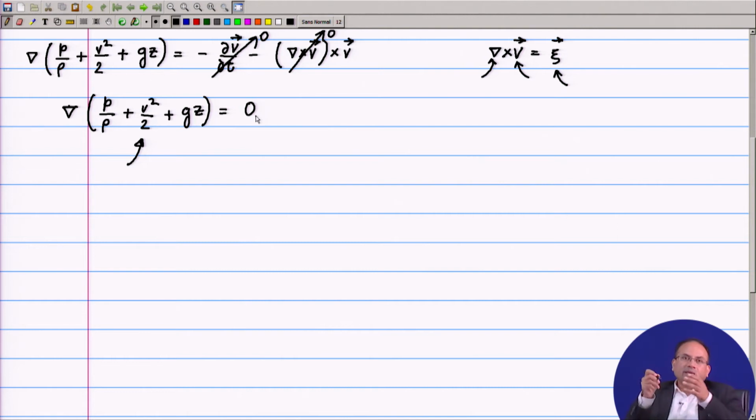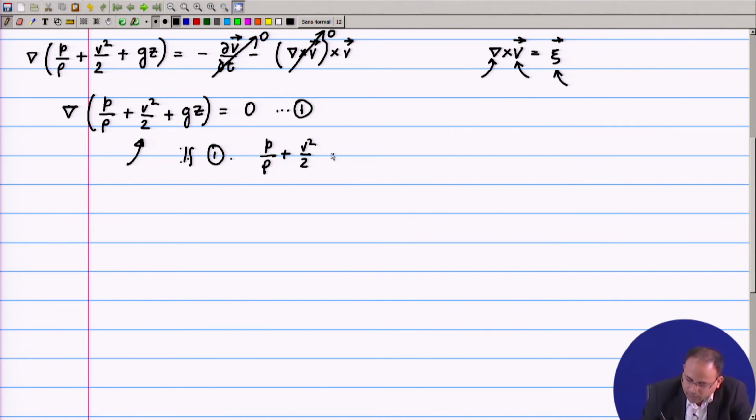Now, if this holds, then we have p by rho plus v square by 2 plus g times z is equal to constant throughout the flow field.